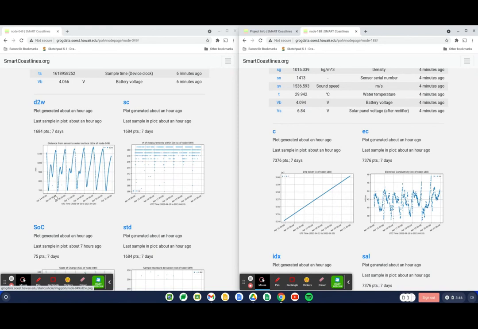Well, what I'm starting to see here, if I compare the distance to the water or the tide with the electrical conductivity, this looks pretty interesting. It looks like when there's a high tide, which means the distance between the sensor and the water is low, then that's the time of day when we have a peak in the electrical conductivity. Seems to be that there's a relationship there.